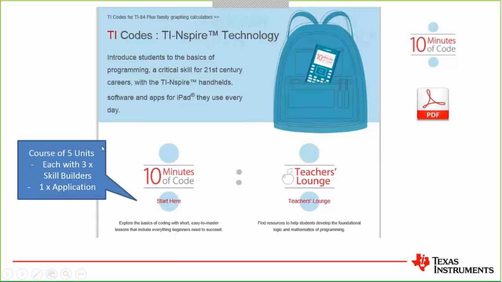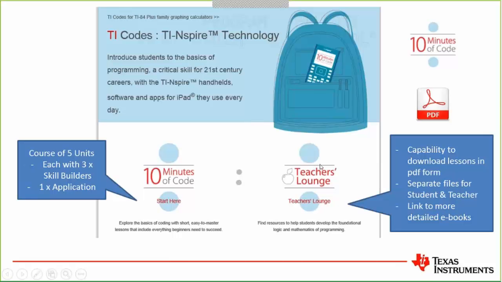This will happen step by step on the screen. You can use that on computers in your class with students. However, if your students don't have class time access to computers, through the Teachers Lounge you can download PDF copies of the entire set of lessons.